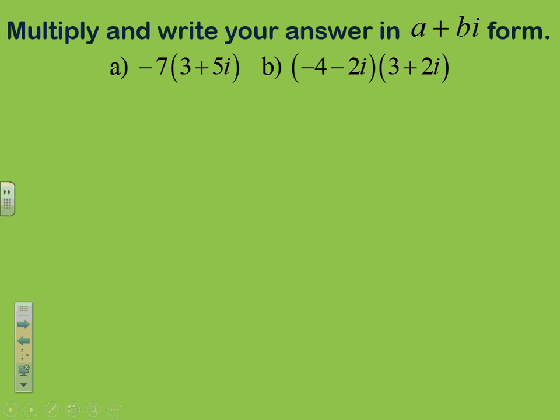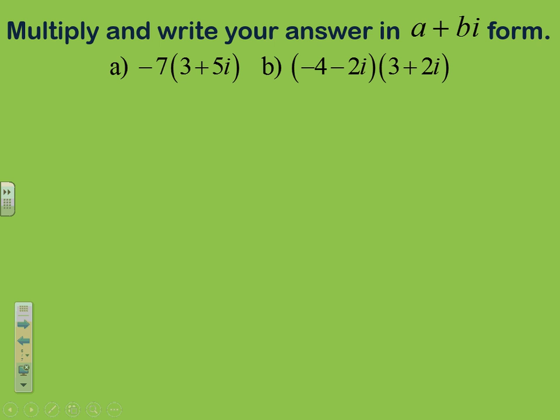The difference is that because we're not actually doing operations with conjugates, there's no special rule that we have to use. When we multiplied conjugate pairs together, we could just simplify to a squared plus b squared. In this case, because we're not doing conjugate pairs, we just have to use our FOIL method or distribution method and combine like terms like we would normally do with regular variables.